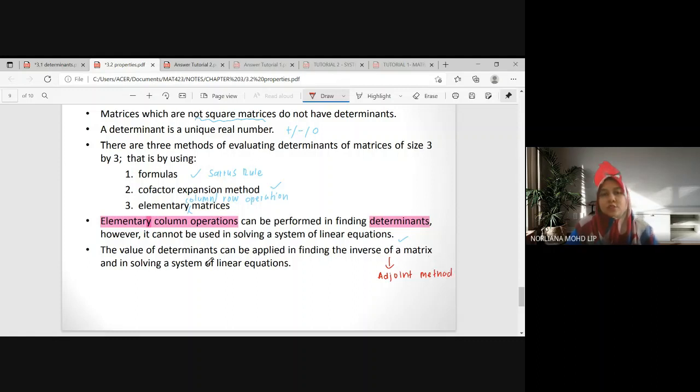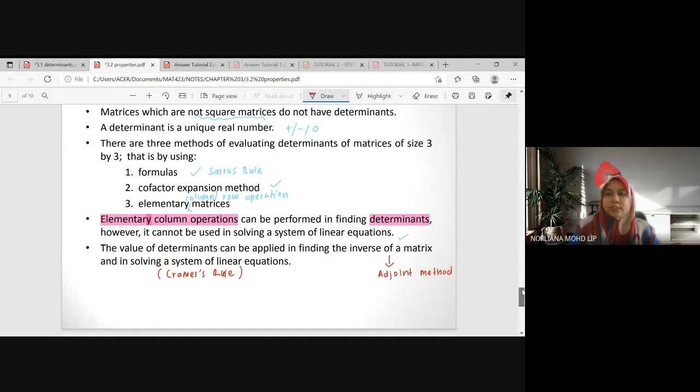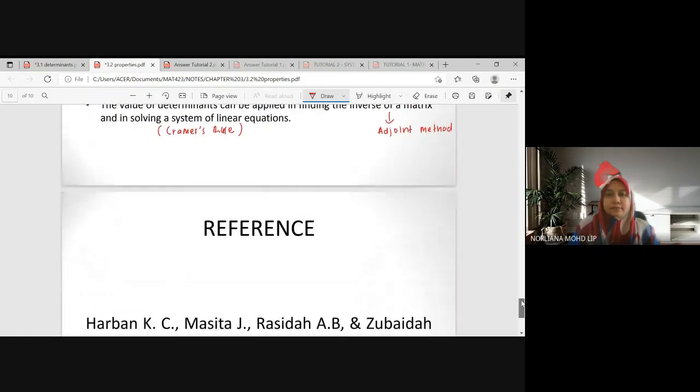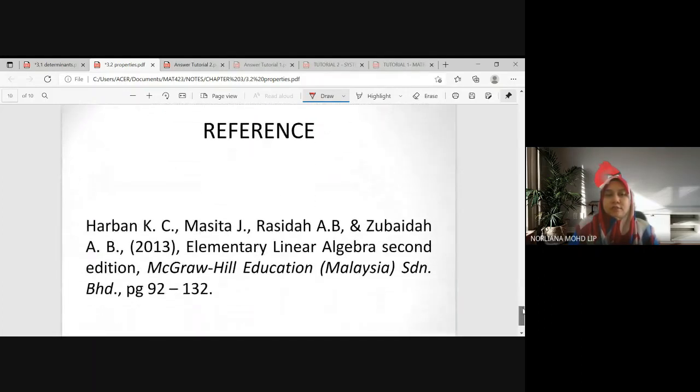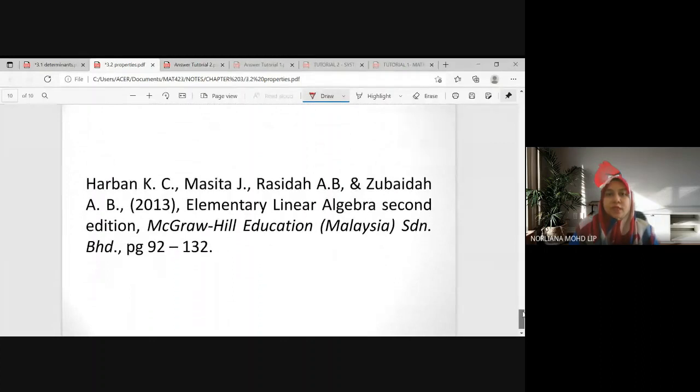And also in solving a system of linear equations, we use Cramer's rule. There are two applications for determinant. Okay, this reference is from our textbook.